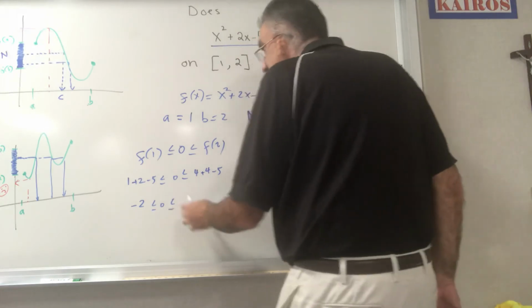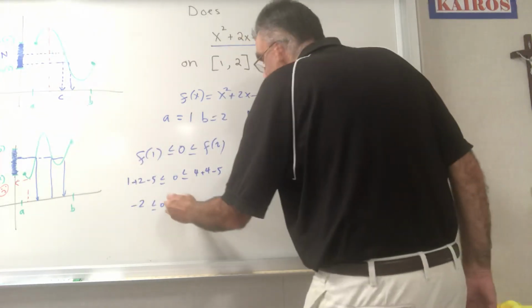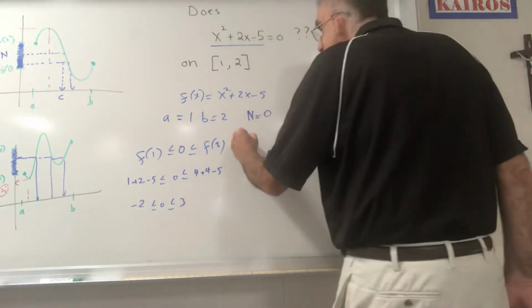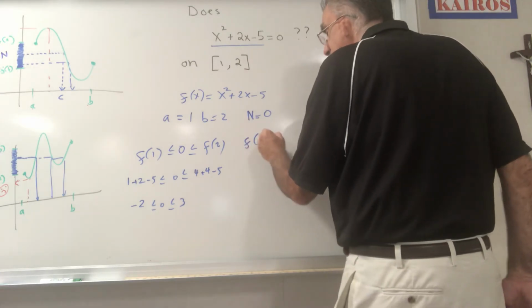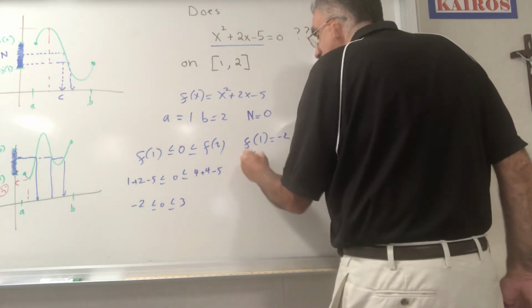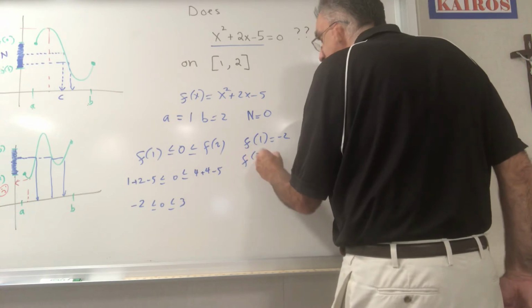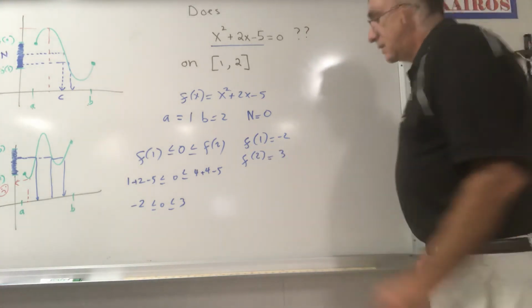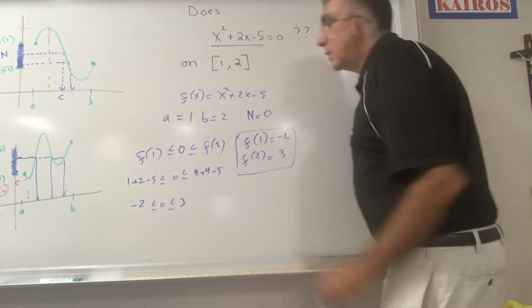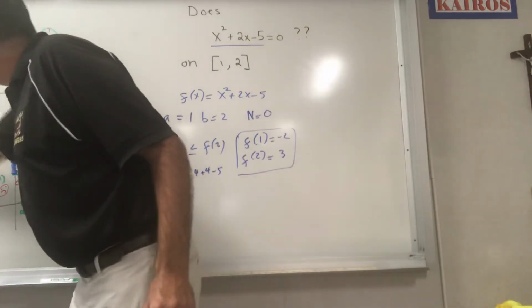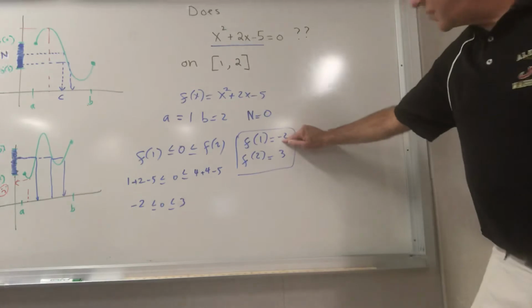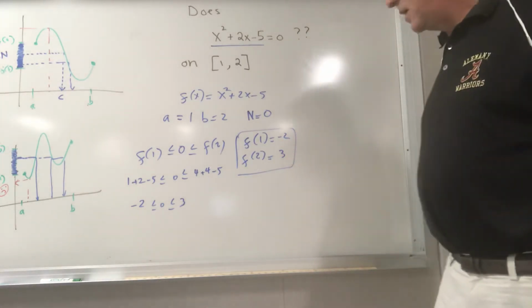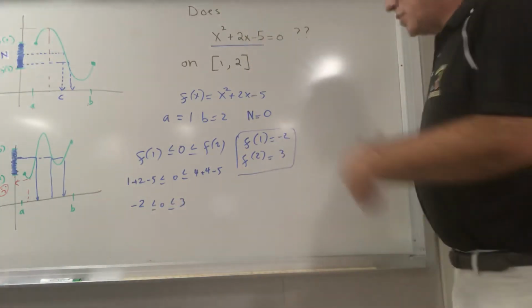Now this probably isn't the best way to write this, I apologize. You probably should just do this. f of 1 is negative 2, and f of 2 is positive 3. Okay. So I know 0 is between negative 2 and 3, right? 0 is between negative 2 and 3.